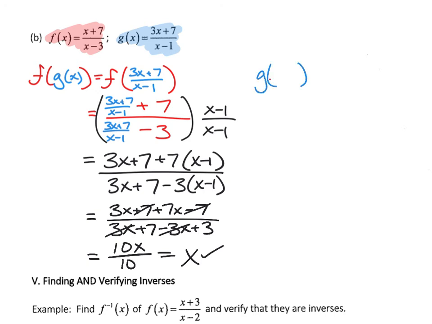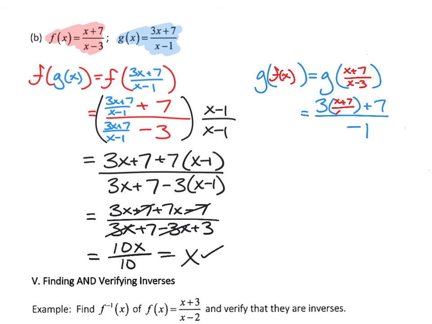So if we're doing g of f of x, that means we are doing g as the outside function and f as the inside function. I'm going to take g, which is 3 times x plus 7 over x minus 1, and instead of x, plug in the entire function x plus 7 over x minus 3 for both the numerator's and the denominator's x.